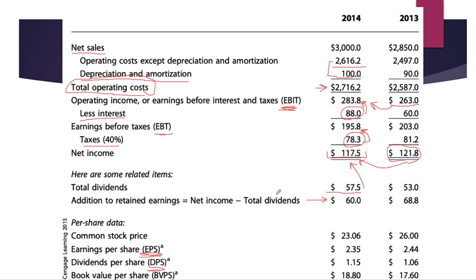If we divide this 57.5 by 50 million, then the dividend per share is 1.15 USD. And then the book value per share we have already calculated in our previous video. This came from the balance sheet.